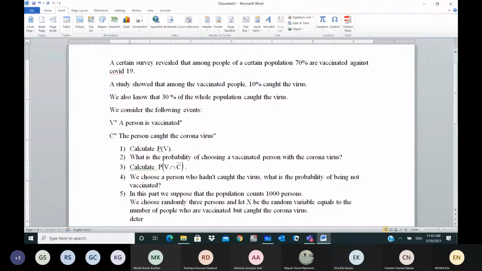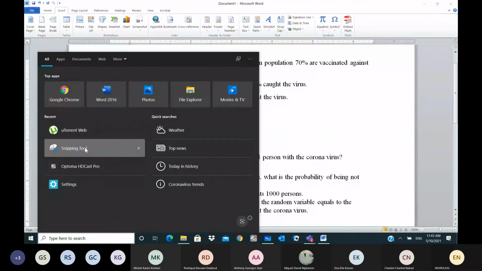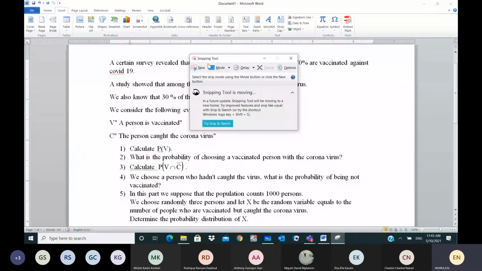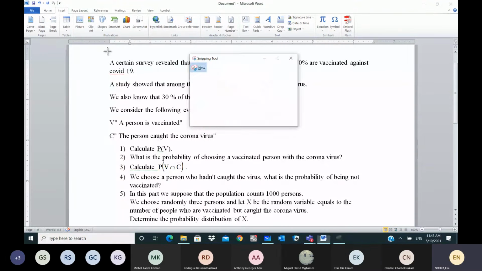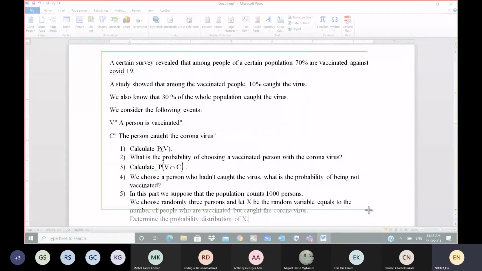Determine the probability distribution of X. Now, what I'm going to do is take this exercise, drop it into the board, and we start solving it.